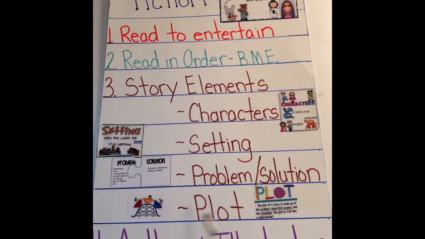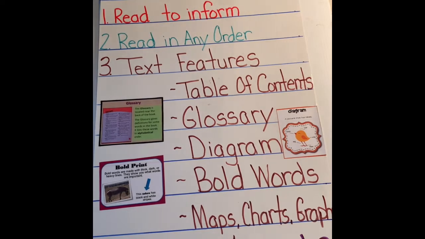It also has a plot: what happened in the beginning, in the middle, and the end? What are the important events that took place in the story? The fiction story will have an author who wrote the story, and it also will have an illustrator who drew the pictures.